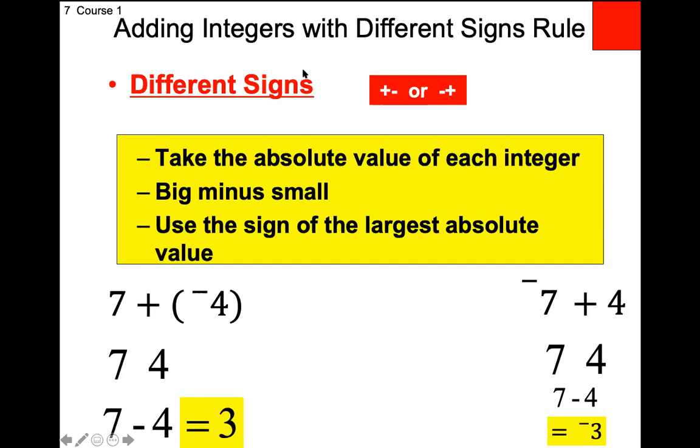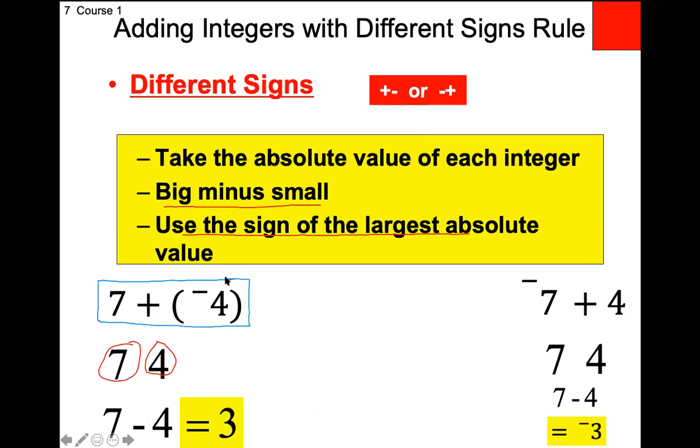Now the only issue here is how do you subtract? And it says do the big number minus the small number. So let's see, 7 is big, 4 is small. So I do 7 minus 4. 7 minus 4 is 3. To figure out, and everyone's got to pay attention, whether the answer is positive or negative, we go back. I'll do this in blue. We go back to the original problem. Remember the coins?